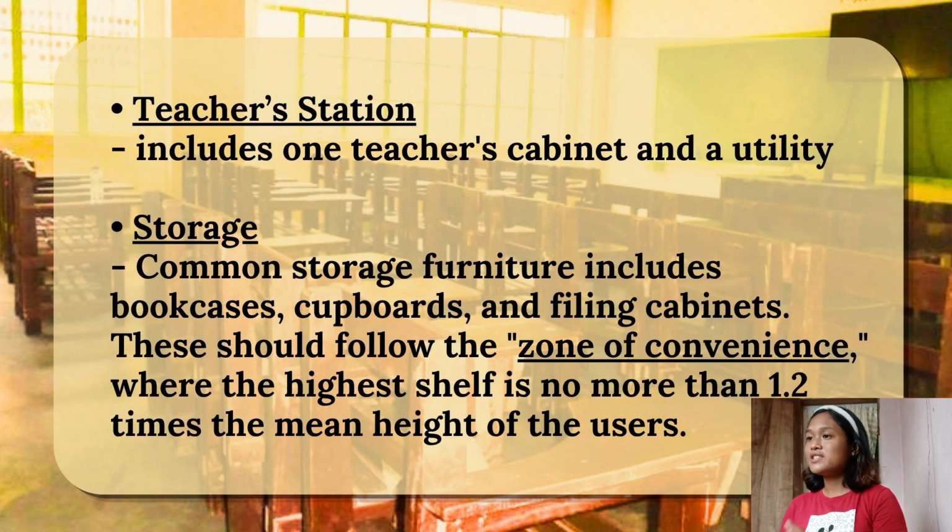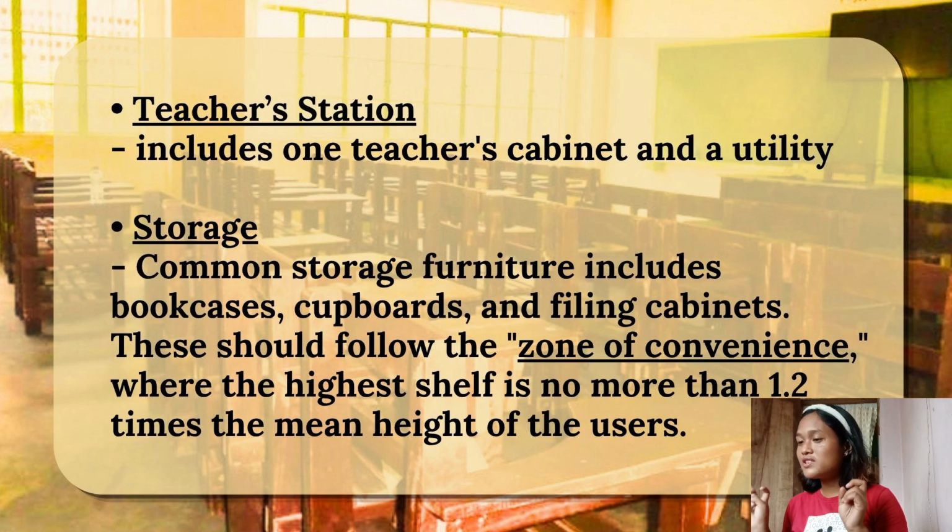Of course, if it's a zone of convenience, in the term convenience, it should be convenient in size so that students can easily reach it, or take the ream of bond paper. So because you apply zone of convenience, they can reach the ream of bond paper like that.